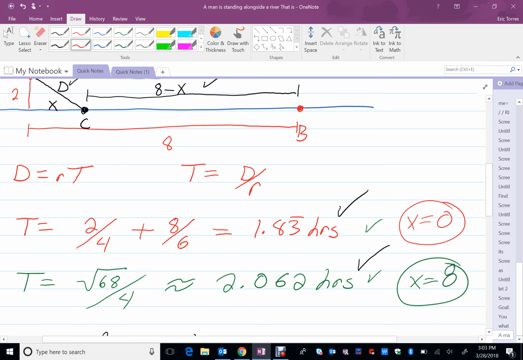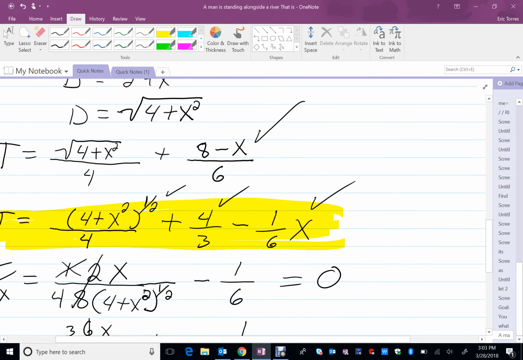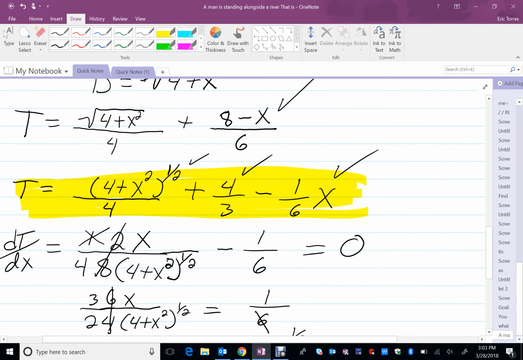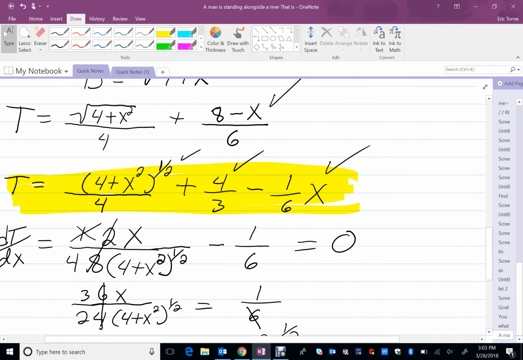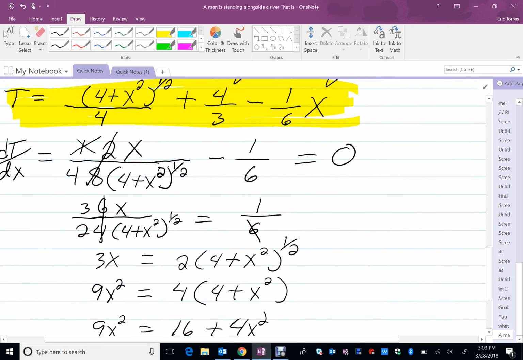This is my extreme situations. This is the domain, my endpoints. So I've already taken care of the endpoints, just hadn't realized it yet because I hadn't built the equation. Now I have the equation. It will also work for those endpoints, but now I'm going to plug in my critical point. And again, the critical point is 4 over the square root of 5.